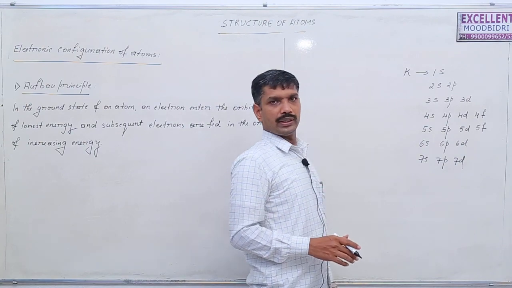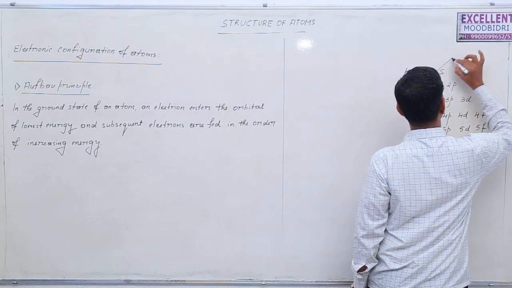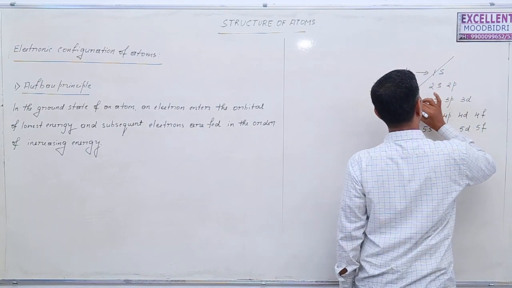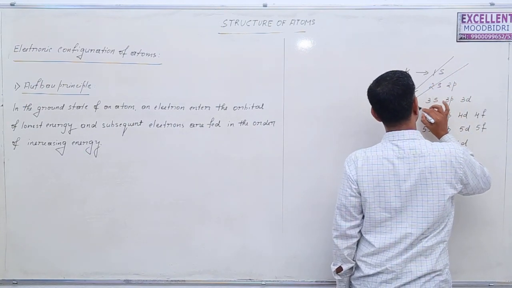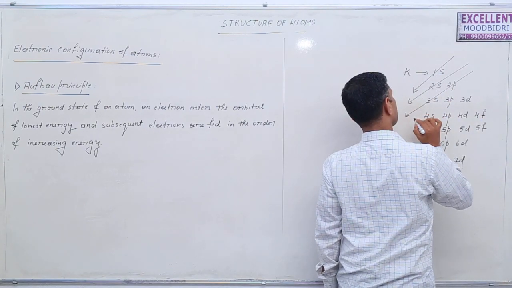Continue. Here the first energy level is 1s, next 2s, next 2p, 3s.